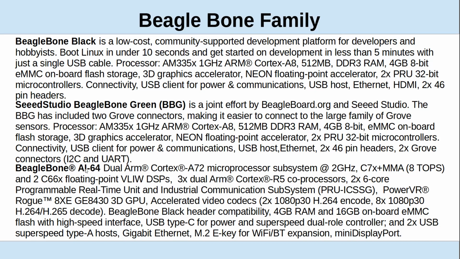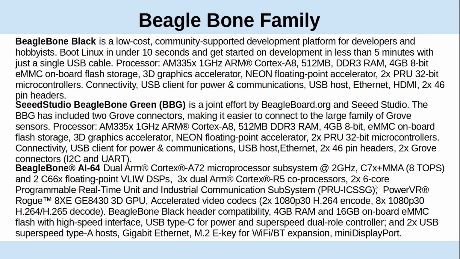This one was new to me, the AI 64. I was going to investigate. It sounds like it's probably expensive because the description here is impressive. I'd say that's a full-blown computer, and I think this has 2 6-core processors on it.